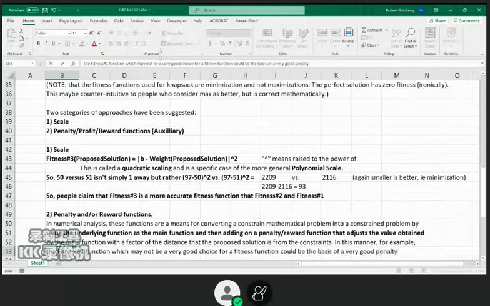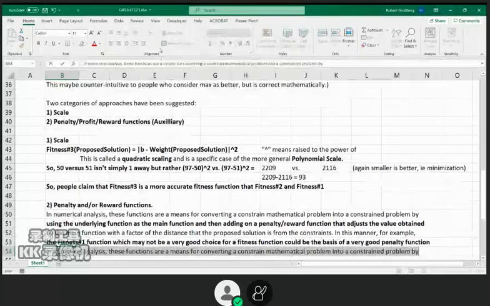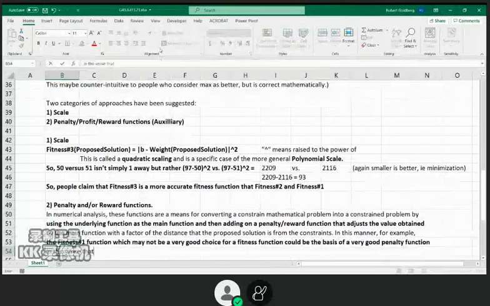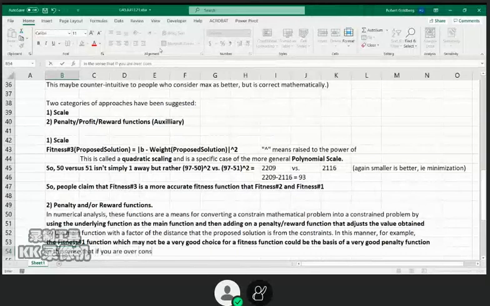The reason being, if you are over the constraint, a negative value obtains, which can be thought of as a penalty.